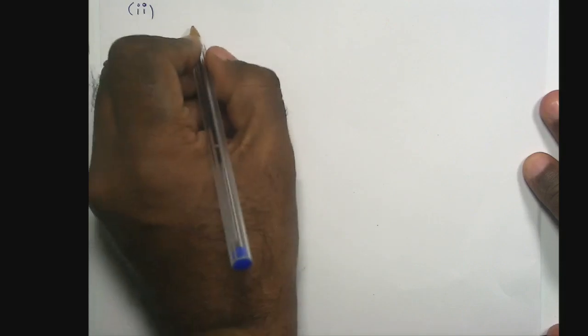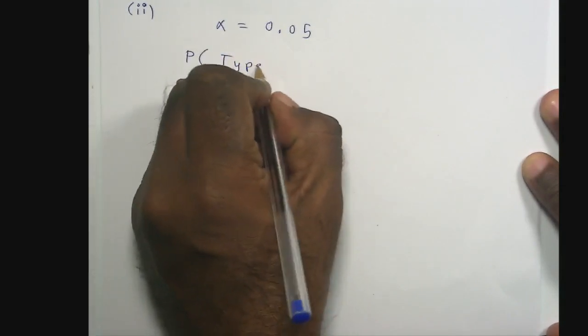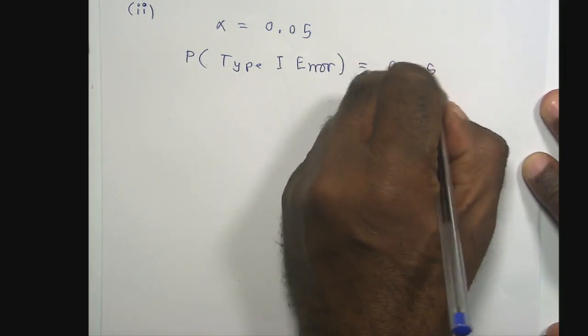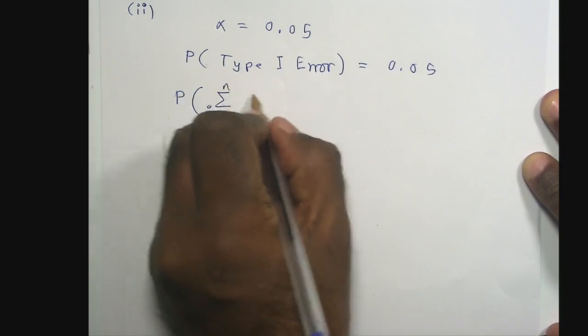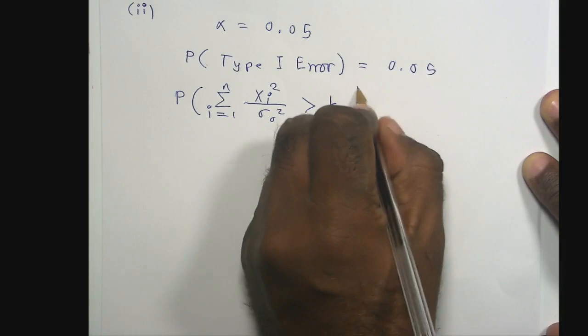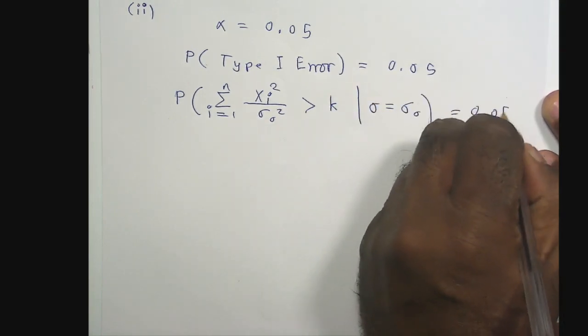So part 2 of the same question is to find K so that alpha is 0.05, which means that the probability of type 1 error is 0.05, which is the probability of rejecting the null hypothesis, that is when sigma is equal to sigma 0, is equal to 0.05.